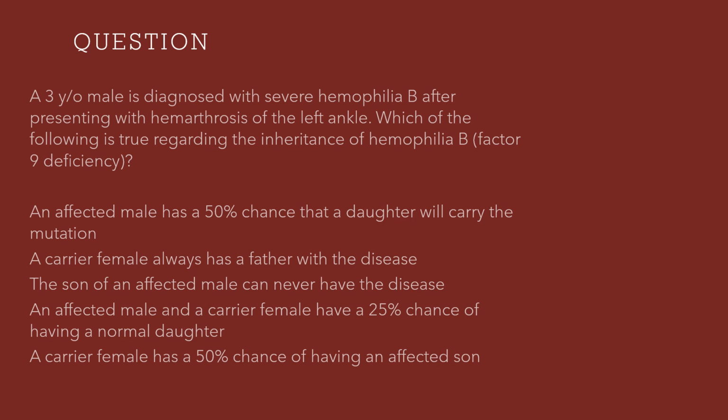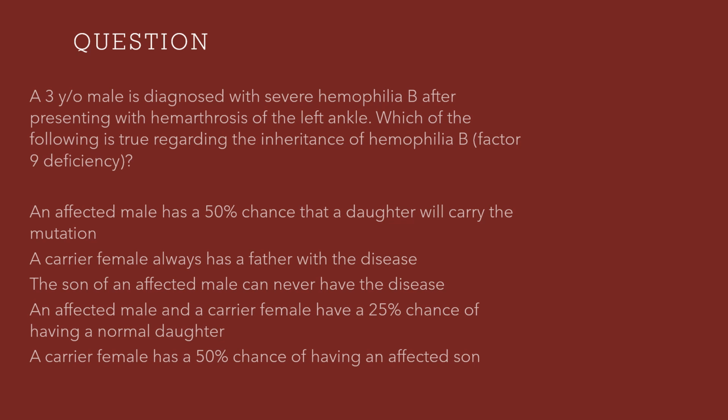B, a carrier female always has a father with the disease. C, the son of an affected male can never have the disease. D, an affected male and carrier female have a 25% chance of having a normal daughter. Or E, a carrier female has a 50% chance of having an affected son.